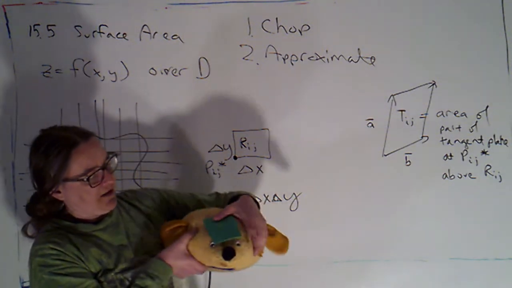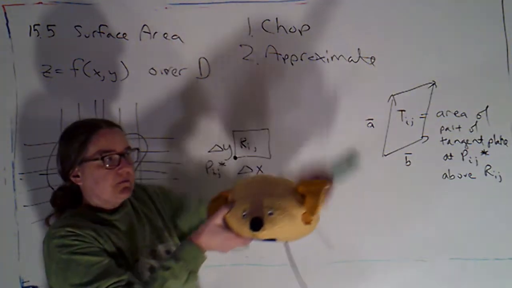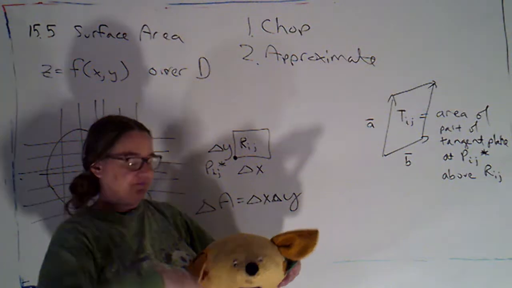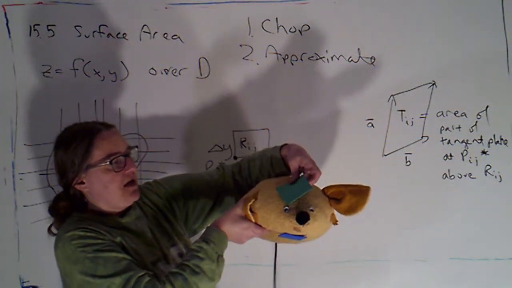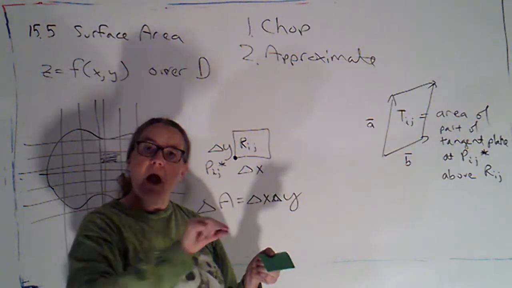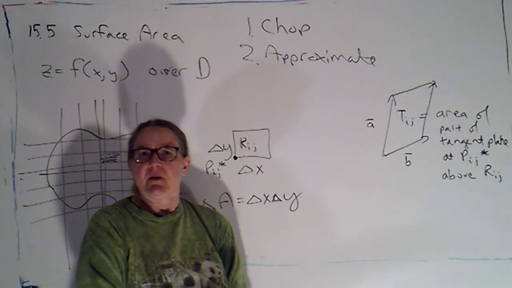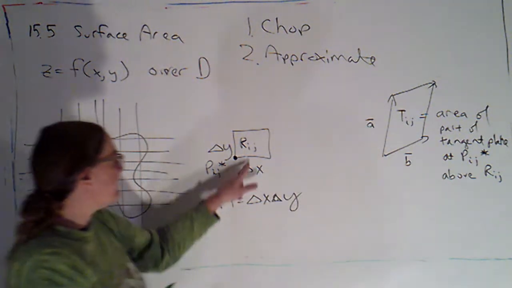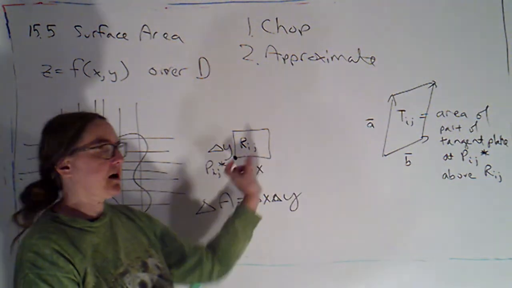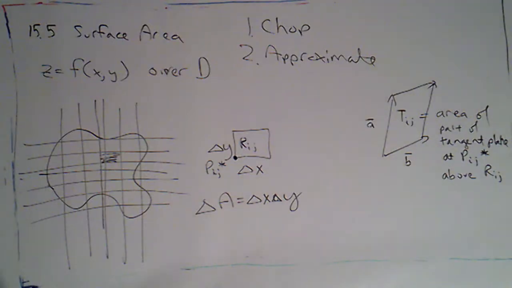Now, with Penelope, of course, x is what's coming forward towards you. Okay. So if I take a look at this, I actually know how far forward we're going to be going, because this is lying above this rectangle. So we're going to come forward a distance of delta x.